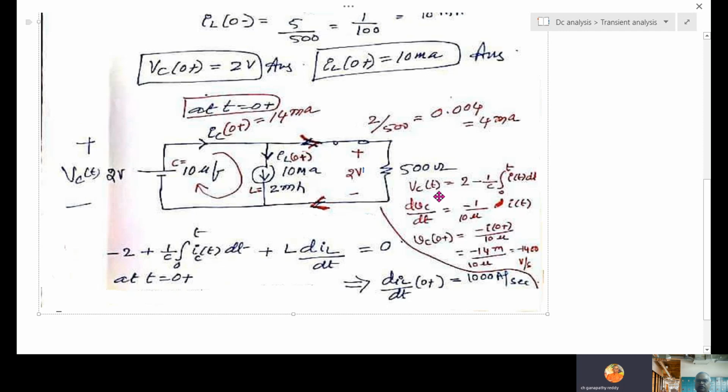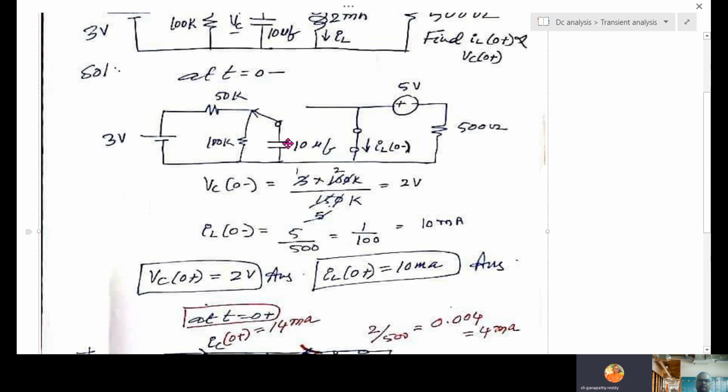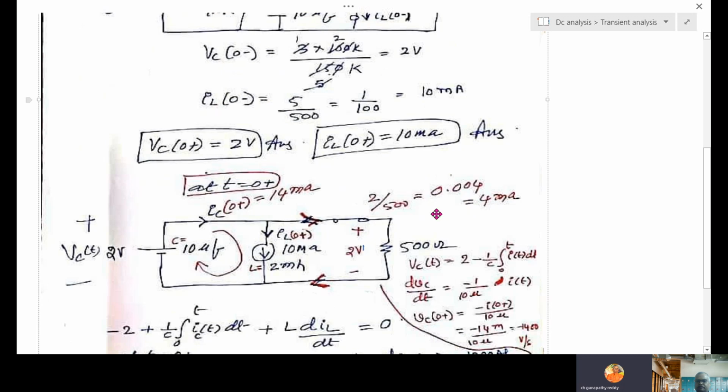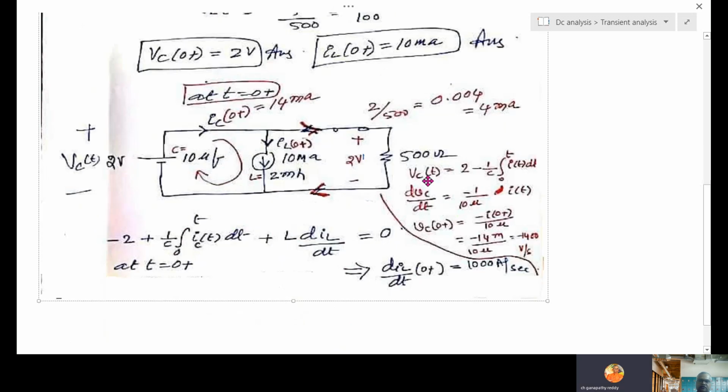Next, we want VC of t. What is that expression? Voltage in the capacitor is the initial voltage, and this is discharging, so minus 1 by c integral I dt.